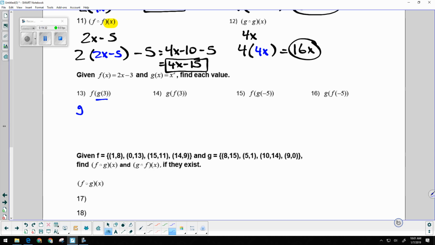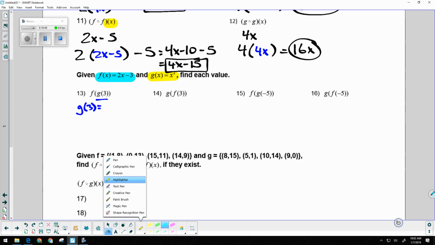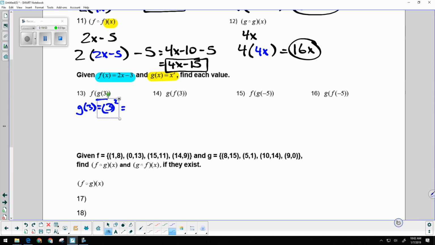And our functions have changed a little bit. Here's g of x. Here's f of x. So g of 3 is 3 squared, which is equal to 9.